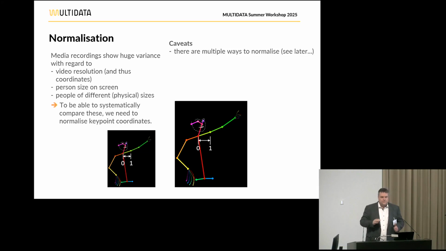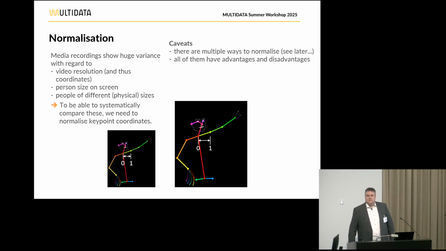MPI are using it differently for their lab recordings because they can actually see more of the person than we can in the media recordings typically. Typically, those media recordings are cut off somewhere on the torso, and therefore they can do something else. All of these have advantages and disadvantages, both the vertical and the horizontal ones.